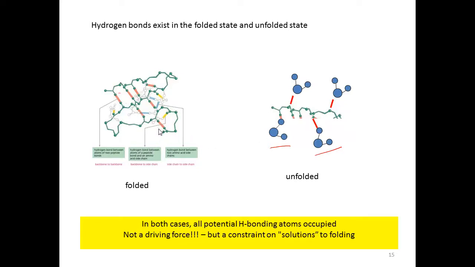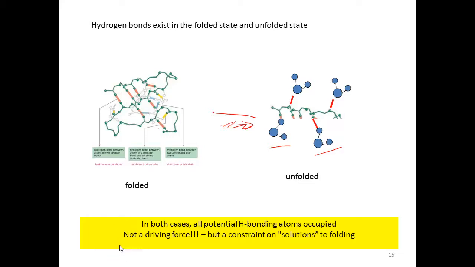If an amino group or carboxylic acid here were not hydrogen bonded, then you would be favoring the unfolded state. So for this to be equal in energy, everything that's hydrogen bonded here has to be hydrogen bonded here.